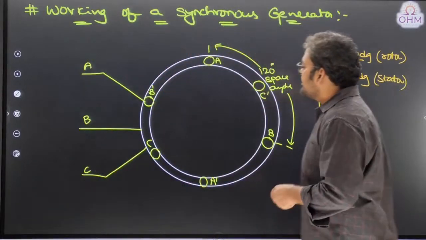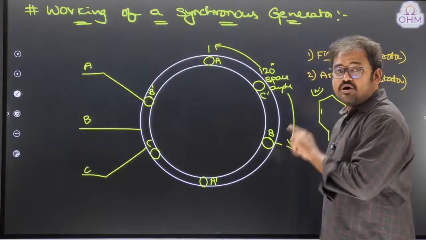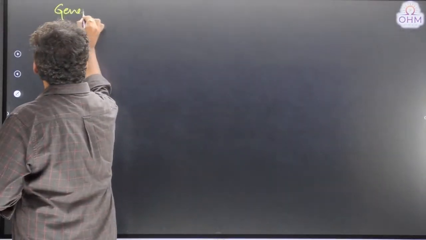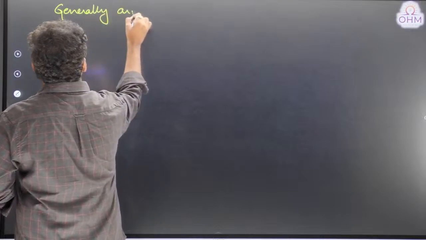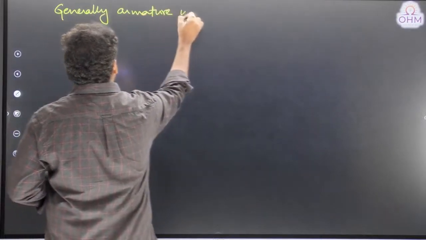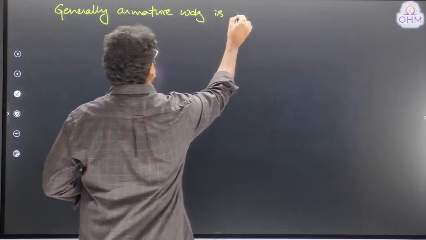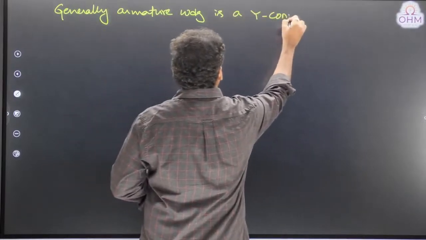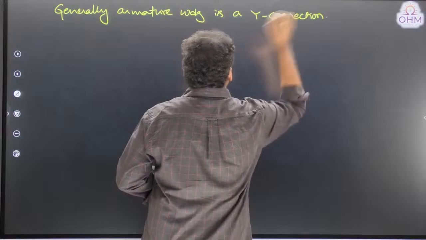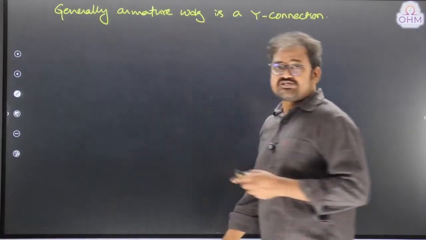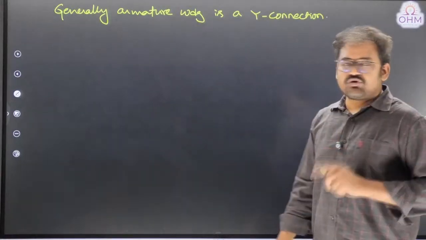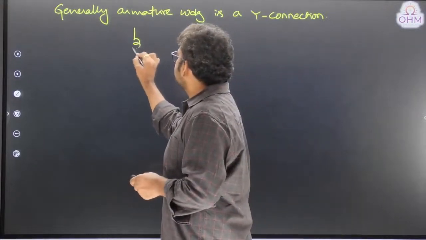But generally we will prefer stator always a star connection. Generally, armature winding is a Y connection. Why is armature winding generally a Y connection? From the machine's point of view, there are two advantages of a star connection.